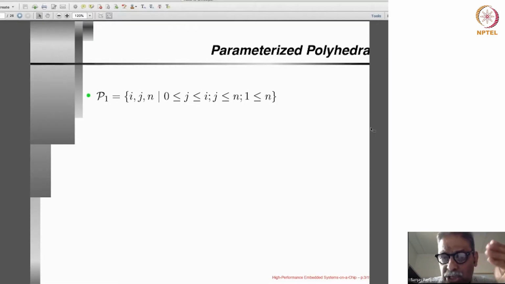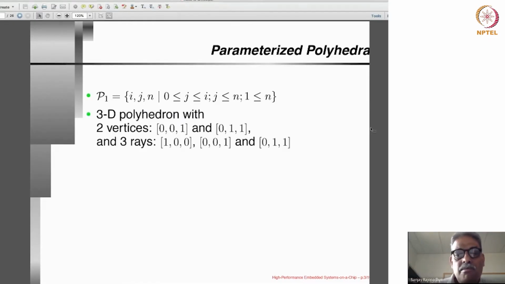We have talked about these iteration spaces, and we have talked about the fact that they are polyhedra. Okay. Without going into details, these are sets of indices that satisfy linear or affine inequalities. And in addition, we may have some parameters like n. Okay. So polyhedra have multiple representations. You can think of something as the set of points that satisfy a finite number of linear inequalities, or you can think of it as something you have seen in high school geometry or middle school geometry.